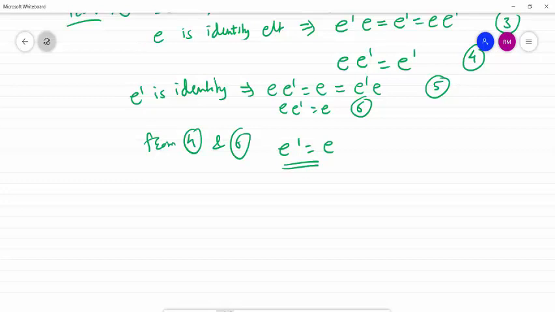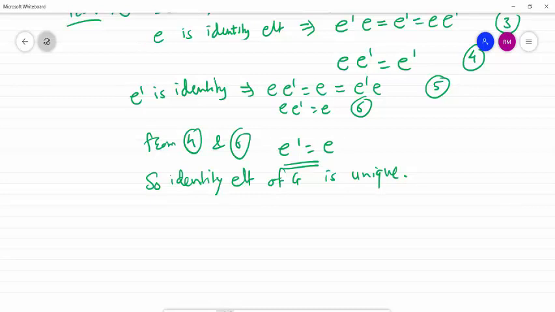That's why we can say the identity element of G is unique.